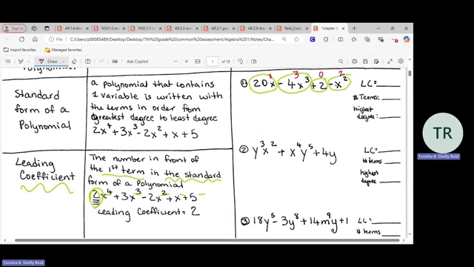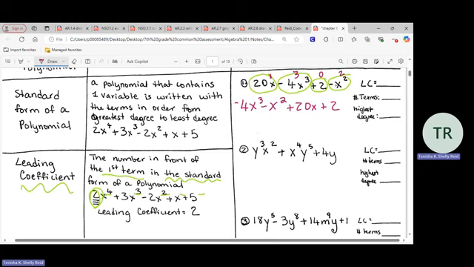The term with degree 3 will go first, including the sign, so it becomes negative 4x to the third. And then the one with 2, minus x to the second. Then the one with 1, plus 20x. And then the one with 0, plus 2. So 3, 2, 1, 0. This is in standard form.